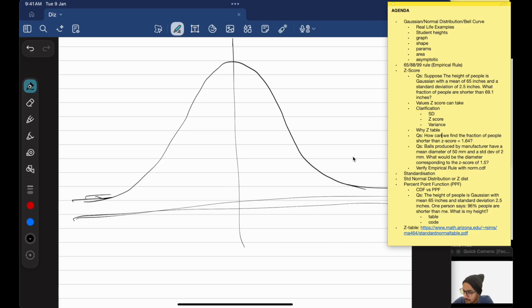So what it's saying is, if we consider this as mu, our mean, then mu plus 1 sigma and mu minus 1 sigma, the rule says 68% of data will be in this range.